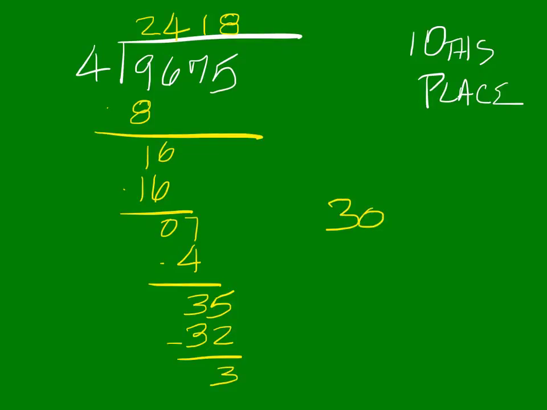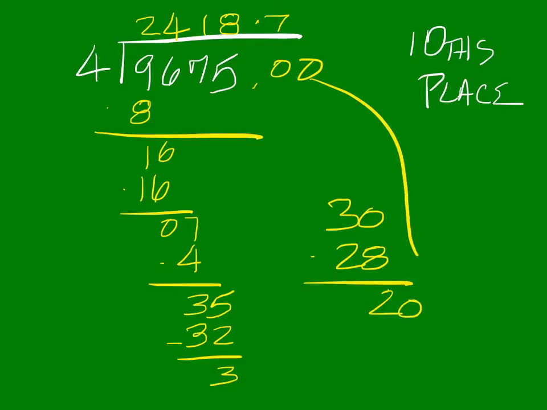We're going to have to drop that 0 over here. And 4 goes into that 7 times for 28. 2 left over, drop the 0, and 4 into that 5 times. So you should be left with 2418.8.